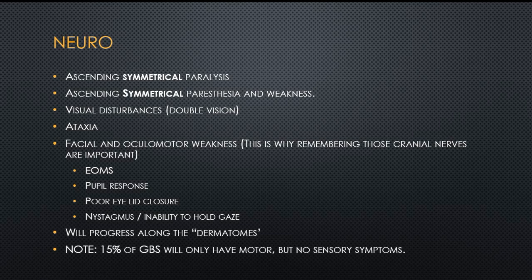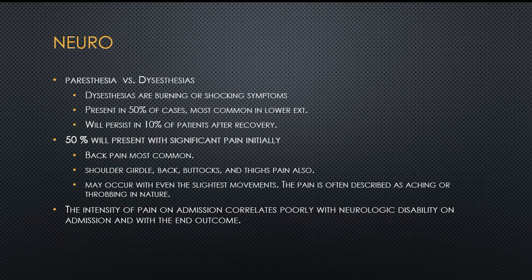This is where understanding those comes into play, because you get demyelination of the cranial nerves, and they manifest themselves by understanding where those cranial nerves go. Now, about 15% will only have motor deficits, no sensory deficits. We really don't know why, but the ascending paralysis is always along the dermatomes, so you have to know those.